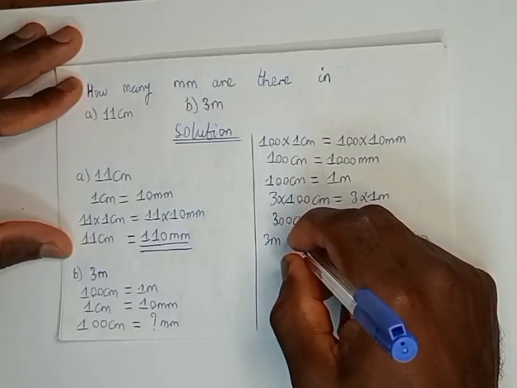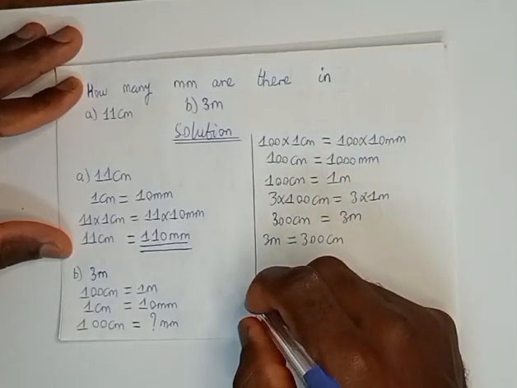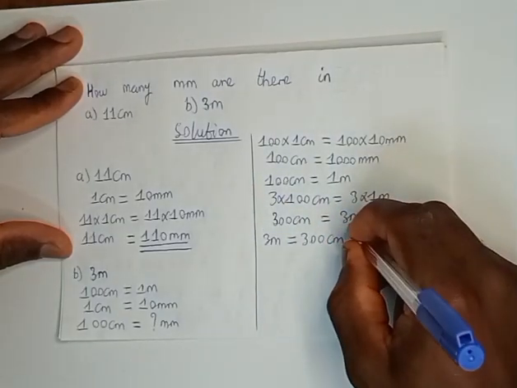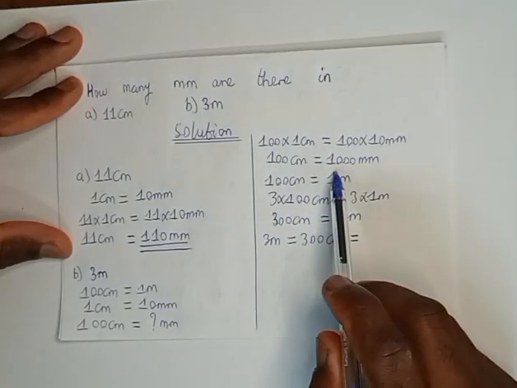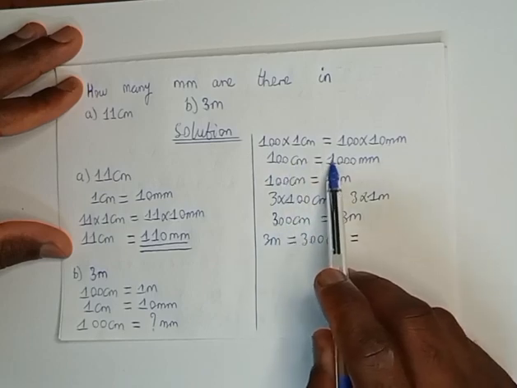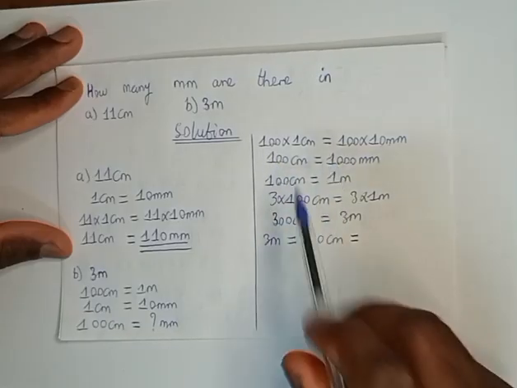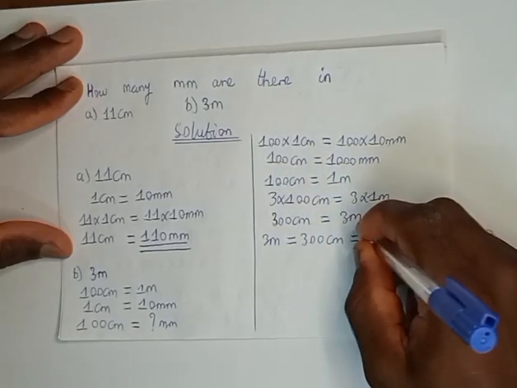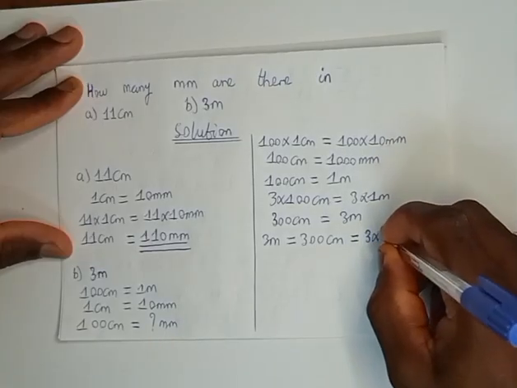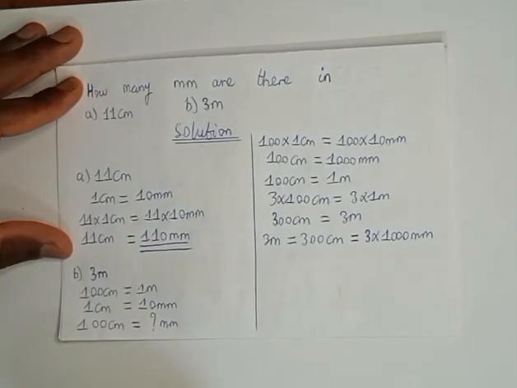3 meters will be equal to 300 centimeters, which is simply equal to, here we know that 100 centimeters is equal to 1000 millimeters. So we multiply both sides by 3 here. This will be equal to 3 times 1000 millimeters.